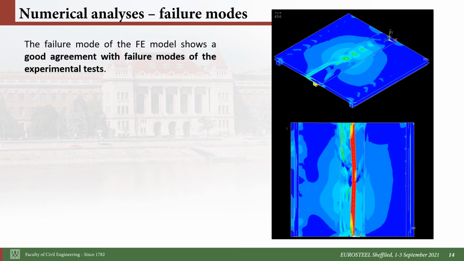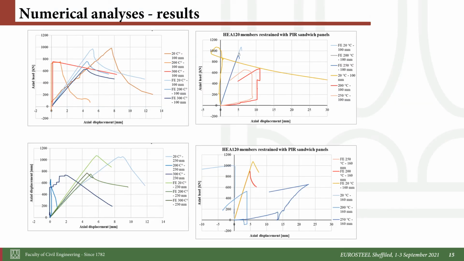You can see the failure modes after the simulation. Of course, we did a time history analysis in this case, and you can see the flexural buckling of the main member on the right side. You can see the comparison of the various cases.